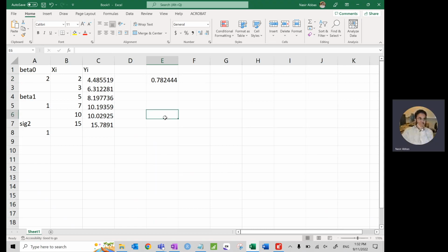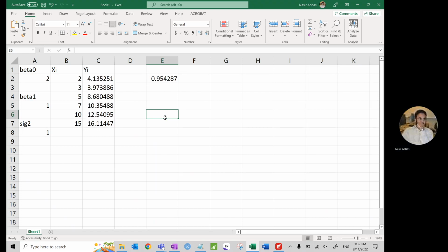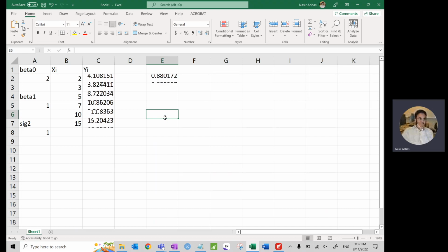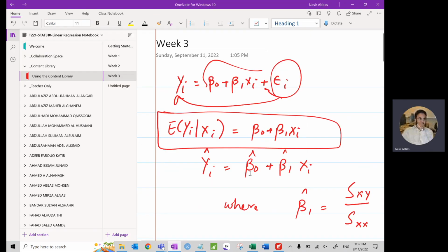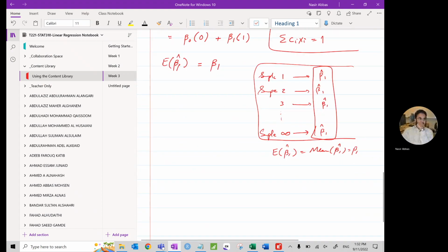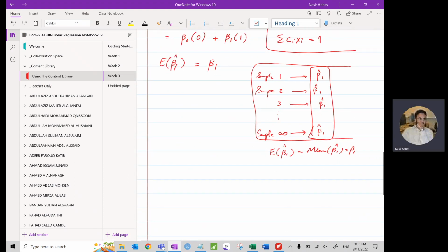Now, when I change the data set, the value of beta 1 hat changes. Every time I change it, it's changing. It's changing around what? The first thing is it is changing randomly. It's a random variable. You understand the point? Beta 1 hat is a random variable. Now, what I said here, I'm going to take all possible samples, infinitely many samples.